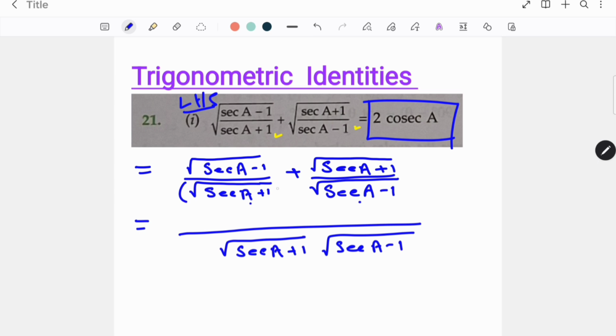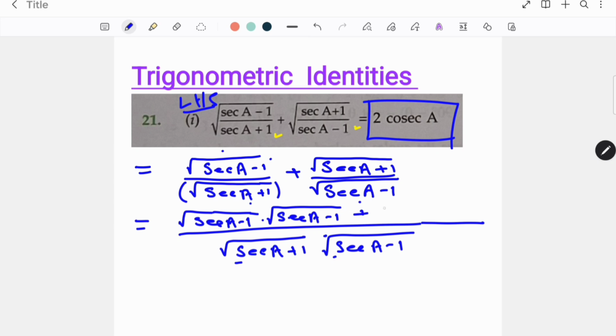Now here the denominator is sec A plus 1, so this will cancel and this side will be multiplied with this, so it will be sec A minus 1. And if we multiply this side also, this with this, it will be one more time sec A minus 1. Directly also you can make sec A minus 1 whole square.